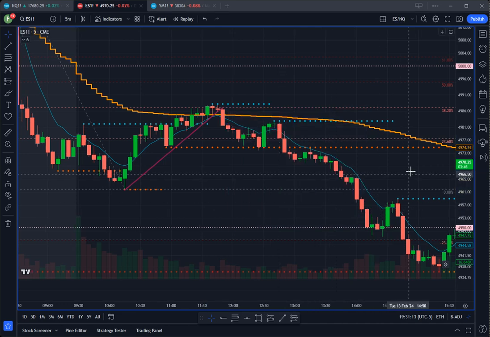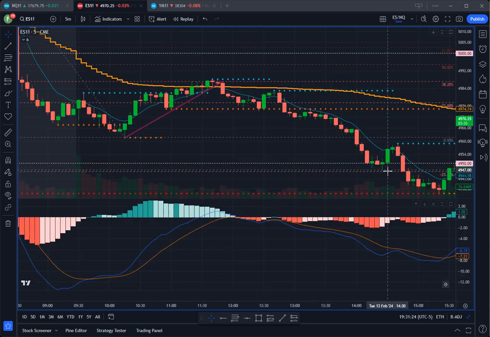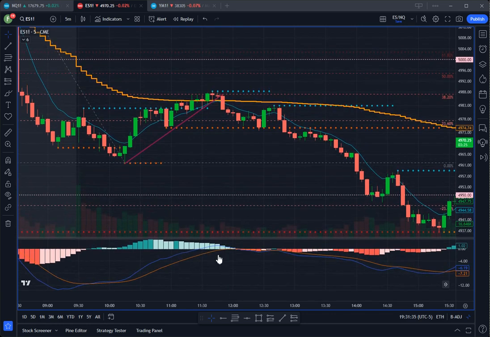I'll use Bookmap for some order flow. I'll also look at NQ just to make sure there's confluence there. But another thing that I look at is the MACD. So here, obviously, we could have seen that the momentum starts to drop. Now, I know there are some traders that look at, okay, if it crosses the lines, then you go short.